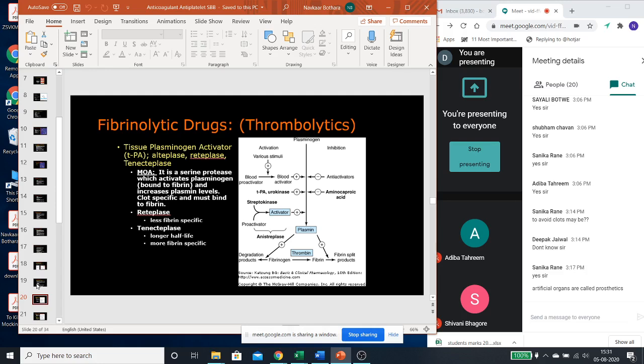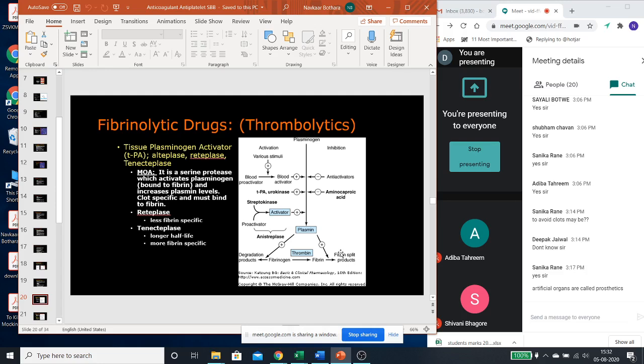When we were seeing the physiology, or here also you can see, this plasmin acts on the fibrin threads, and these are the split products. It is like having a tight rope and cutting the rope at various places. Then that strength is lost, and because of that the clot is dissolved, or broken down.